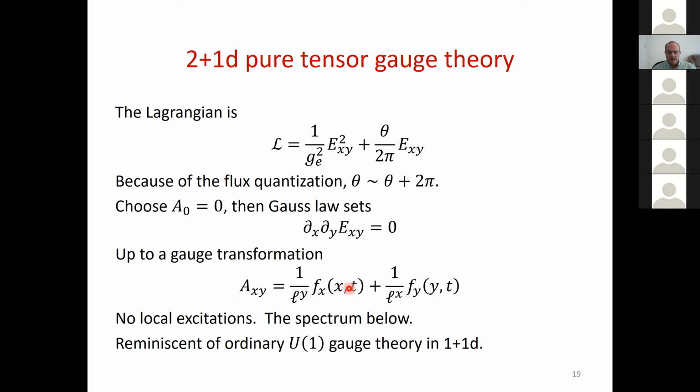And there are no local excitations. In 1 + 1 dimensional U1 gauge theory, here it's only the holonomy, and here we have what you can call, in quotation marks, the holonomy in X and the holonomy in Y, which can depend on Y and X respectively, but no local excitations.